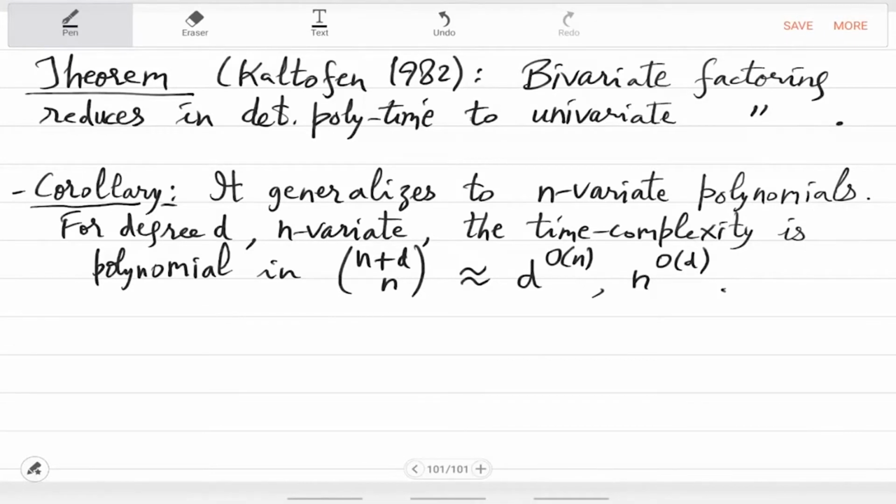So the questions now are, okay, before that let me finalize this. So the finite field case is then completely done for small variables.